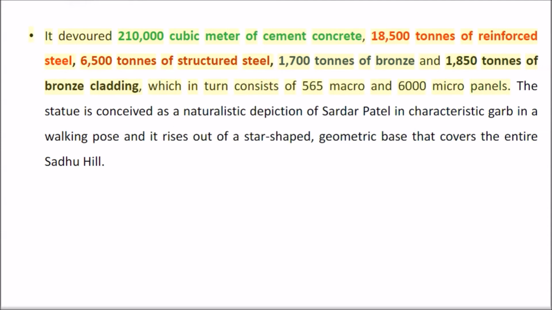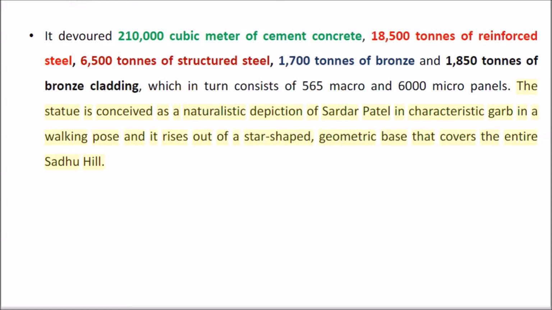It devoured 210,000 cubic meters of cement concrete, 18,500 tons of reinforced steel, 6,500 tons of structural steel, 1,700 tons of bronze and 1,850 tons of bronze cladding, which in turn consists of 565 macro and 6,000 micro panels.